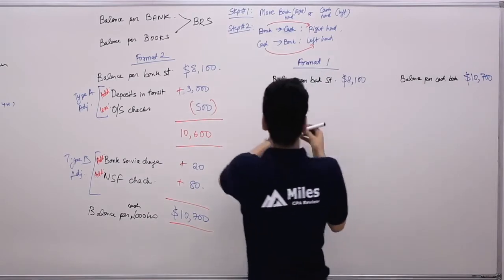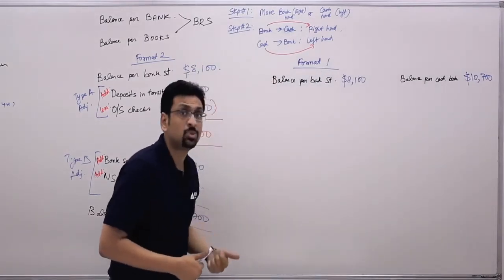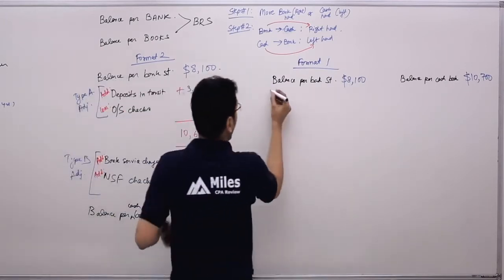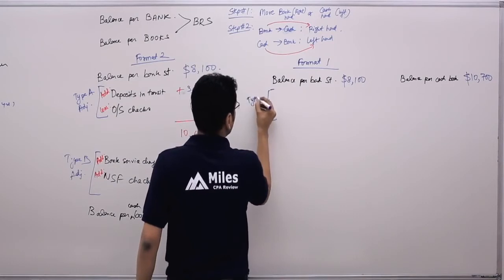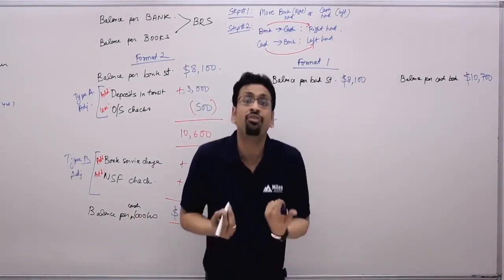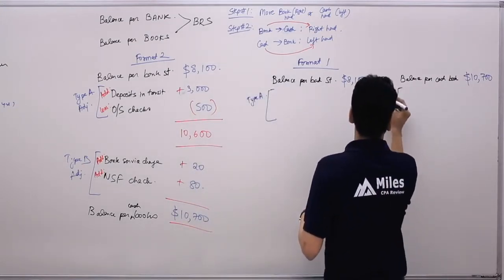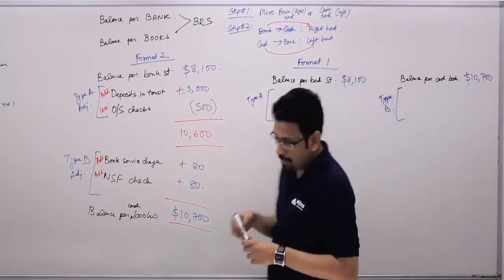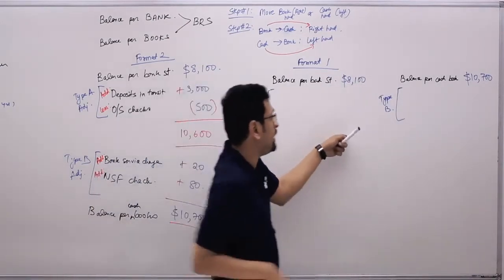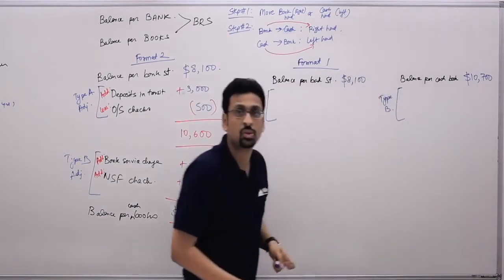Now on this, when you're moving out from balance per bank statement, you're going to put only the items which the bank is missing, or it's the banker's fault, type A items. So we're going to have type A items here. And when we're moving from cash book, we're going to have items that we have missed out, the cashiers have missed out, type B items here. And the number that we're going to be getting down here is going to be adjusted bank balance, adjusted cash book balance.